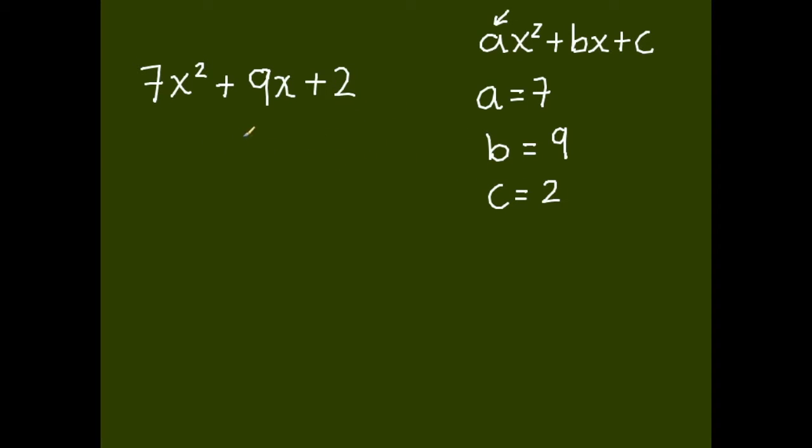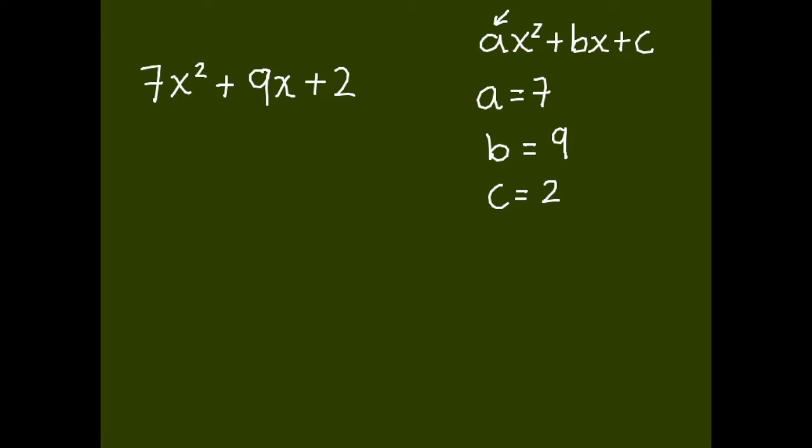The first thing we should try to do when we're factorizing is look for any common factors. In this case, it doesn't look like we can pull out any useful factor. So it looks like we're going to use the splitting the middle term method, since a is not equal to 1.